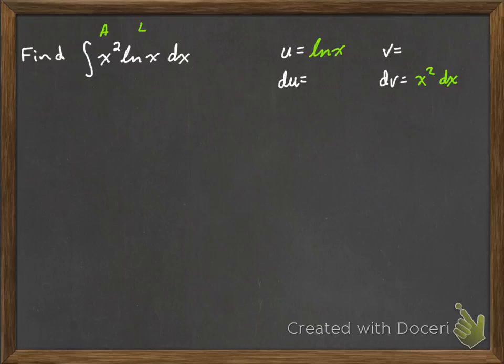Now we fill in the rest of this little table here. If u is ln x, that means the derivative of that is going to be 1 over x dx. And if dv is x squared, that means v is going to be x cubed over 3.